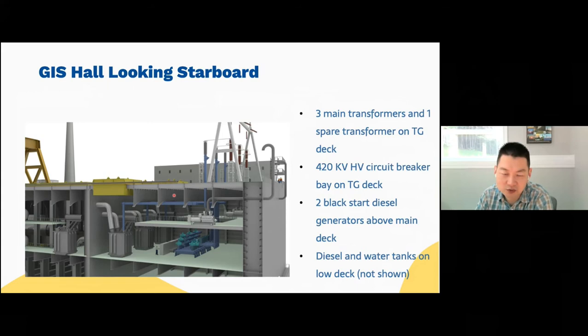There's also onboard storage of diesel and water, which is on the load deck, but it's not shown in this picture. It's underneath. So you can store diesel for a week or even 2 weeks of operation. Also, the water tanks, well, you've got a desalination plant, so you can fill the water tanks as well.